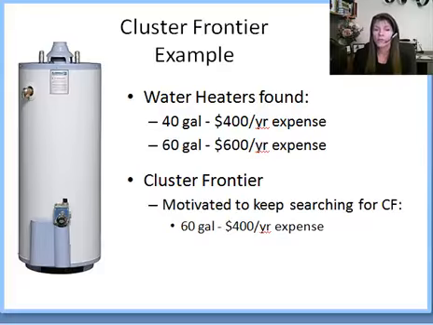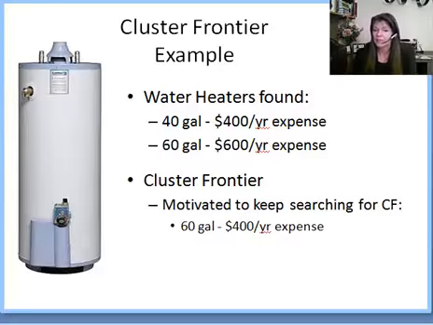One of them holds 40 gallons, and it costs $400 a year to run. The second one holds 60 gallons, but it costs $600 a year to run. I am motivated to search further to see if my cluster frontier really exists, a hypothetical brand that contains the best combination of these previously found attributes.